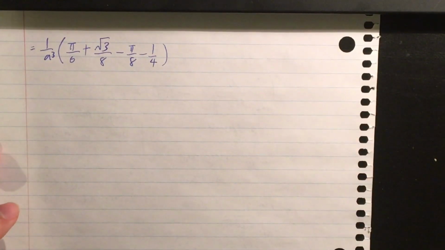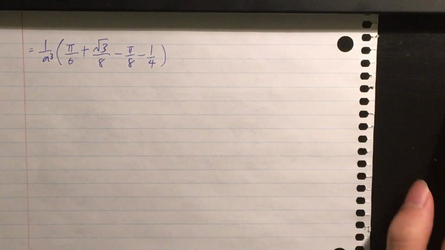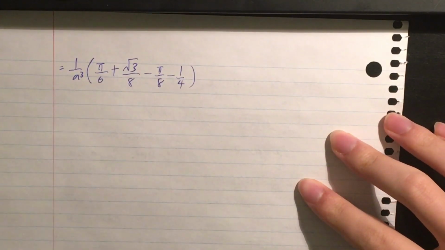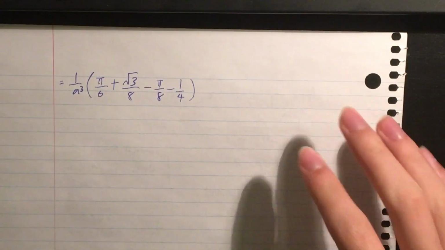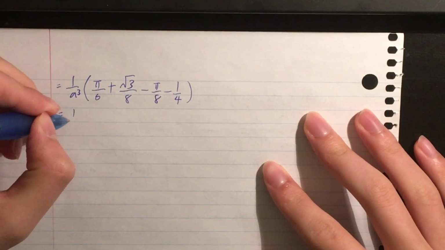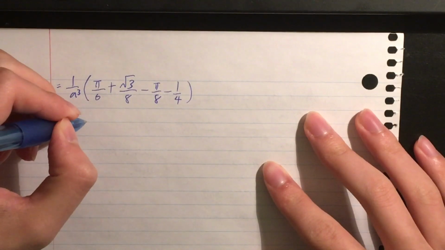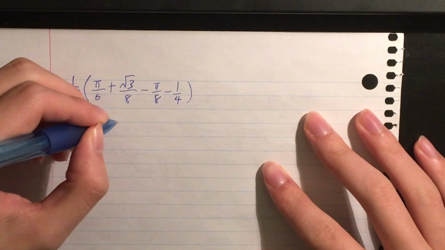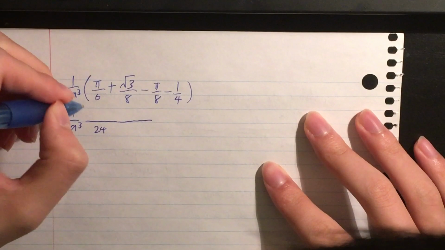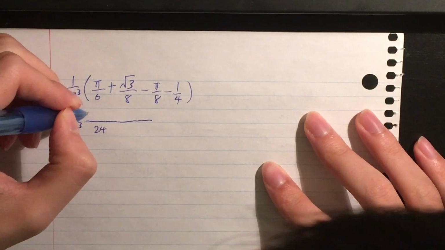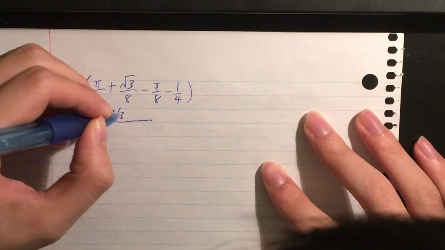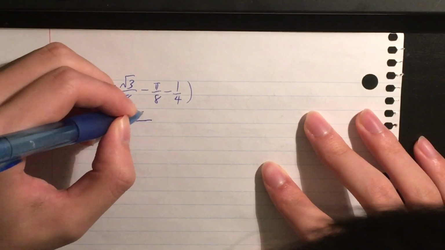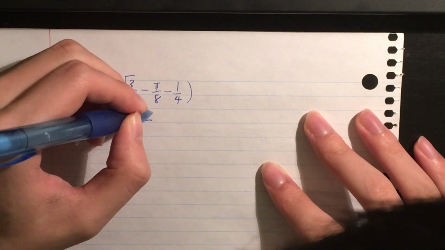Okay, very nice. Well, we see that all these have a lowest common denominator of 24. So we have 24. So we have 4 pi plus 3 square root 3 minus 6.